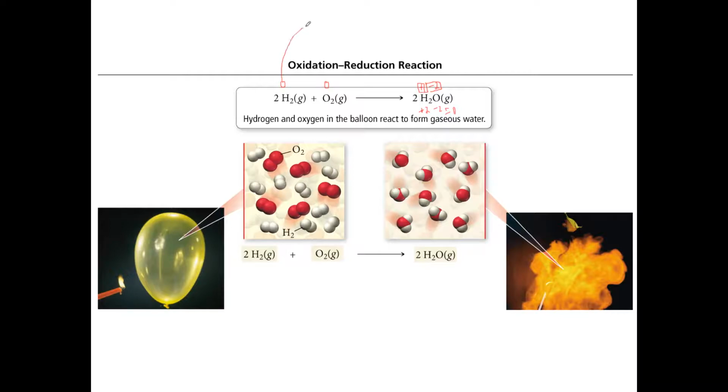So, hydrogen goes from 0 to +1, and oxygen goes from 0 to -1. Well, one of these is gaining electrons. Who's gaining the electrons? Oxygen's gaining the electrons. You see that? It's getting a negative charge. And remember, reduction is gain of electrons. So this is a reduction.